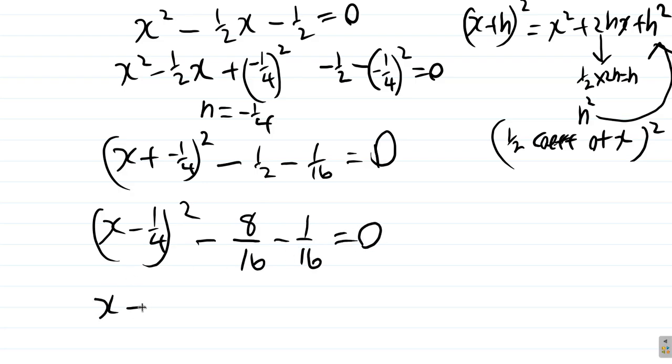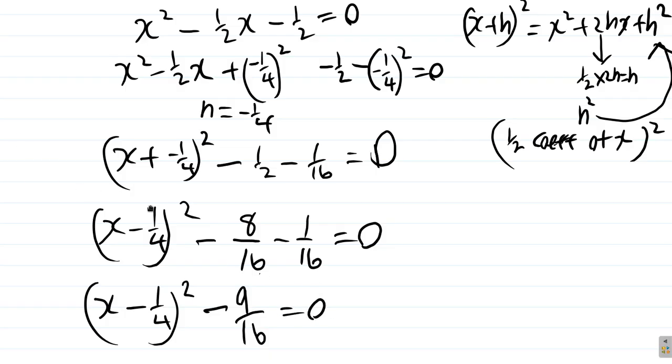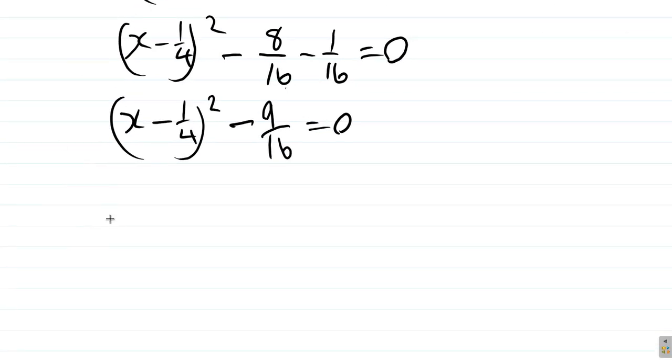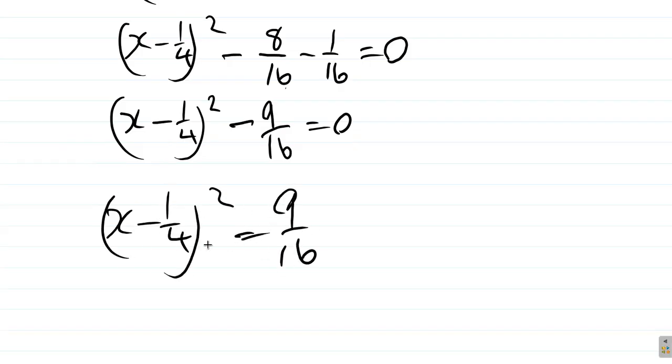So x minus a quarter squared. Now, if you have negative 8 of anything minus 1 of that same thing, you get negative 9 of it. It's minus 9/16 equals 0. You could now write this as x minus a quarter squared is equal to 9/16.